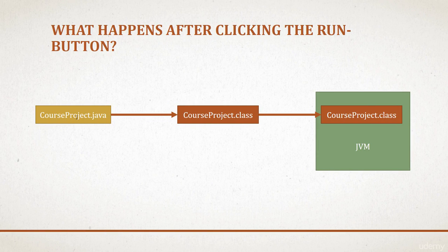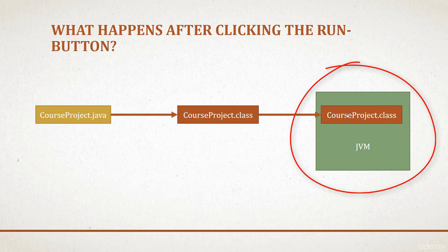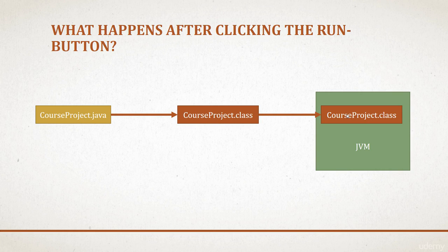If we look back, the NetBeans IDE now starts up a Java virtual machine here on the right side, and inside the Java virtual machine the courseproject.class file is deployed, and then the program runs and the main method is executed, and this hello world shows up at the command line. That's what happened. That's the process by which every Java program comes into execution and is executed.